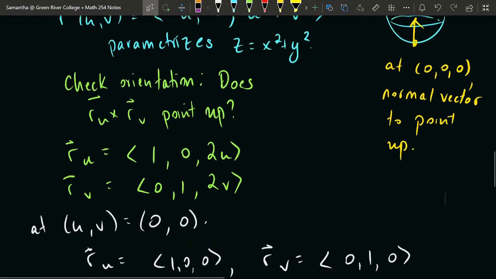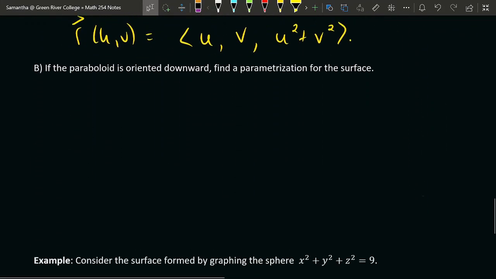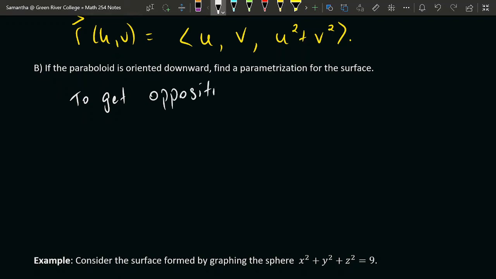If I want to get the opposite orientation, here is a reliable trick that you can use. To get the opposite orientation, reverse the roles of u and v.